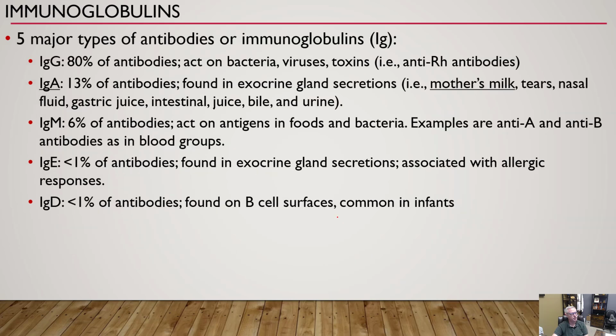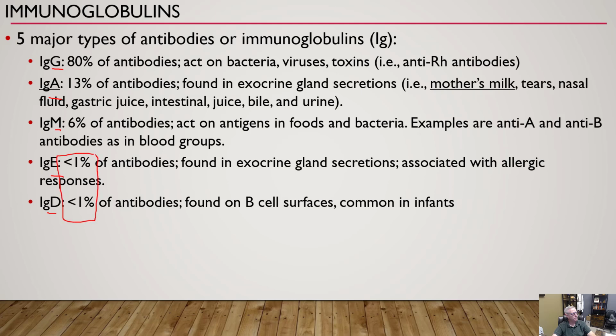We have 5 different types of immunoglobulins: IgG, IgA, IgM, IgE, and IgD. I remember this as GAMED, the order of smallest to largest, just because these are basically less than 1%.